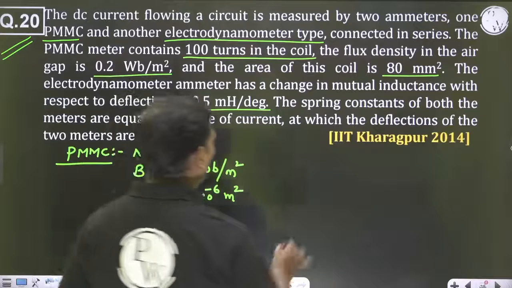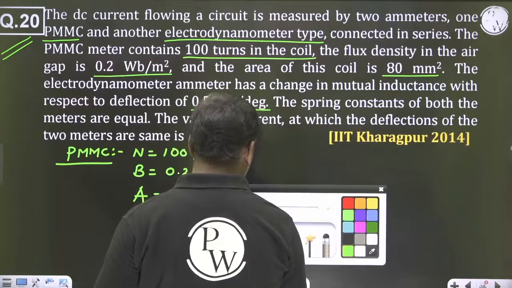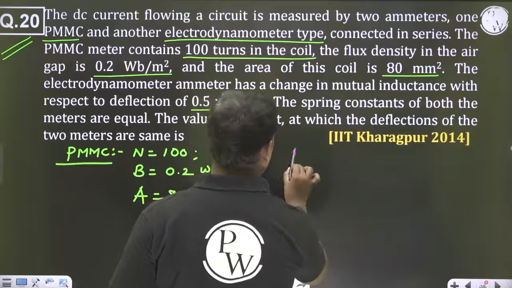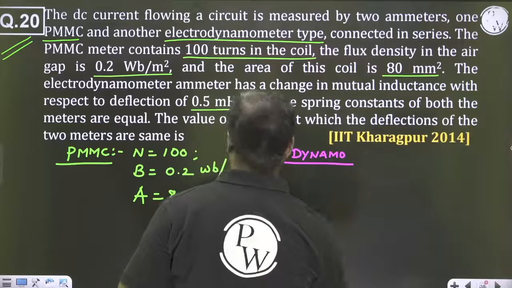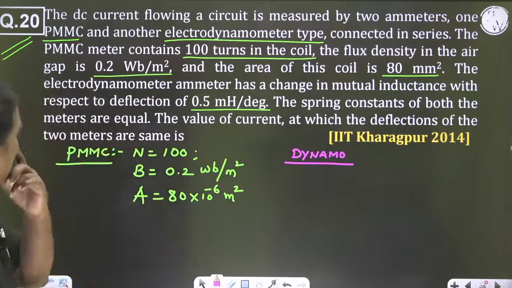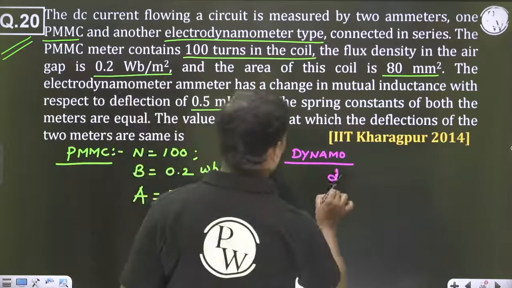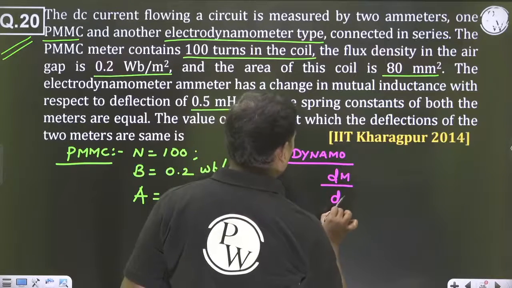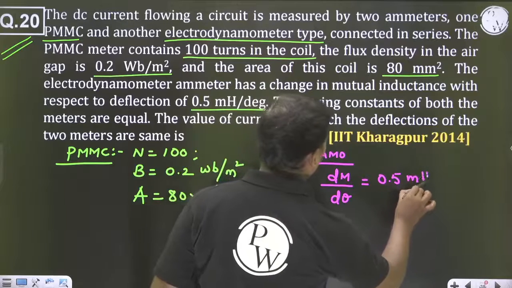Now let us take the dynamometer data. He has given the dM by d theta directly, as 0.5 millihenry per degree.